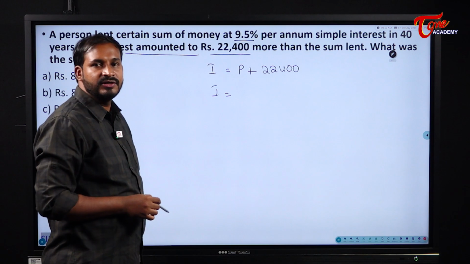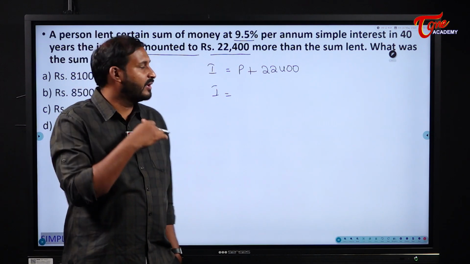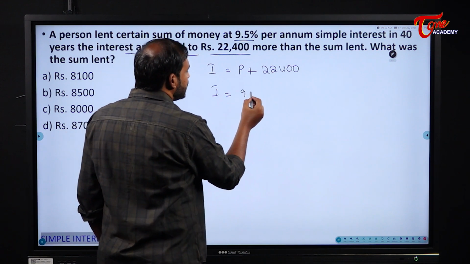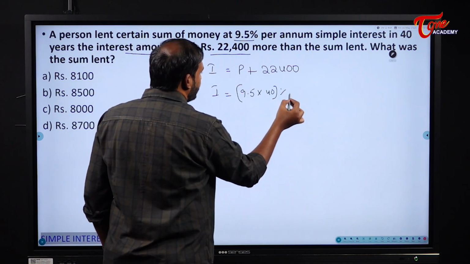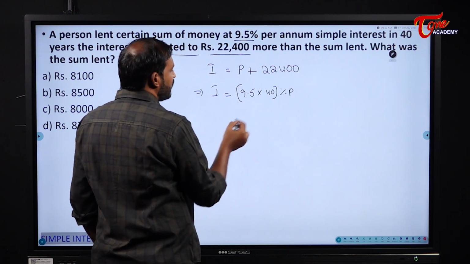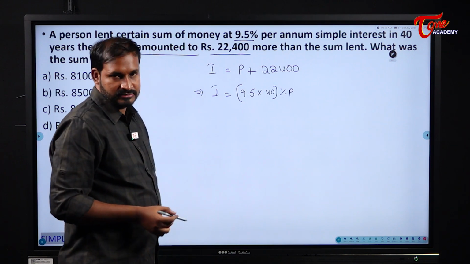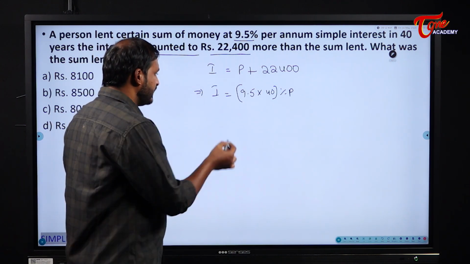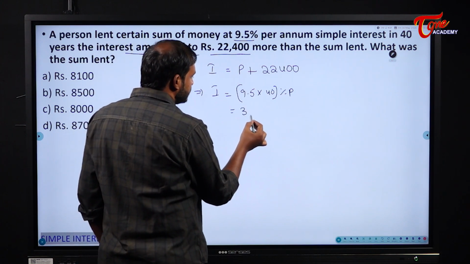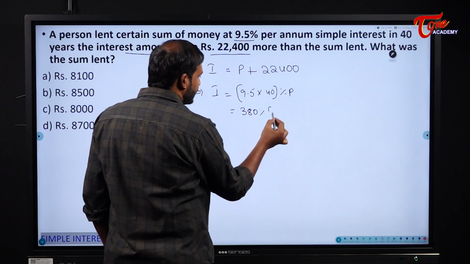So 9.5 into 40, what does it become? 9.5 into 40% of P. 95 4s are 380, so that means 380% of principal.